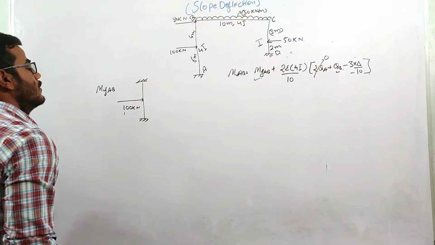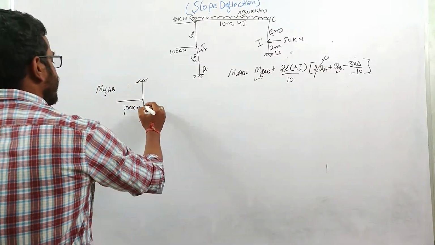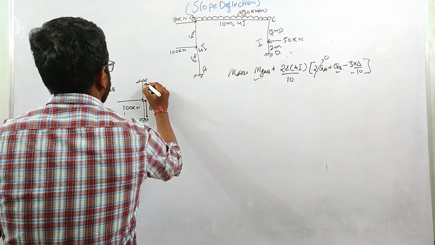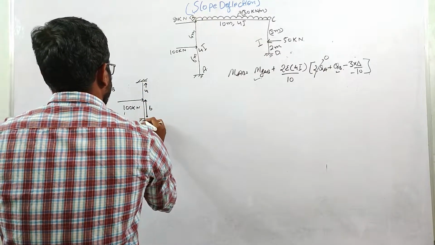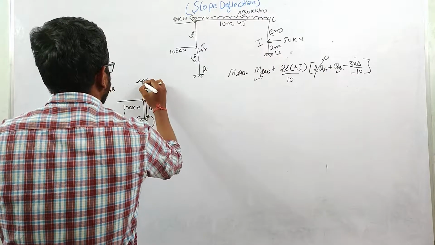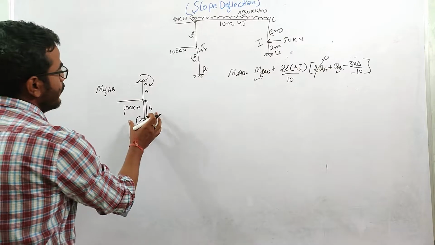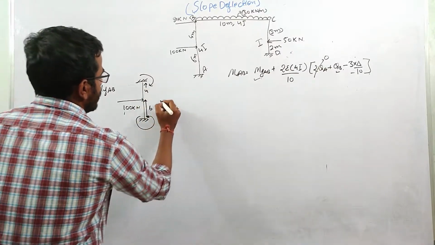Okay. So you can see that this is basically 6 and this is 4. So here the moment will be anticlockwise and here the moment will be clockwise, right? So we need to find the fixed end moment.